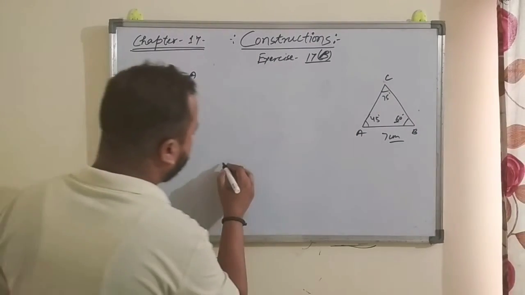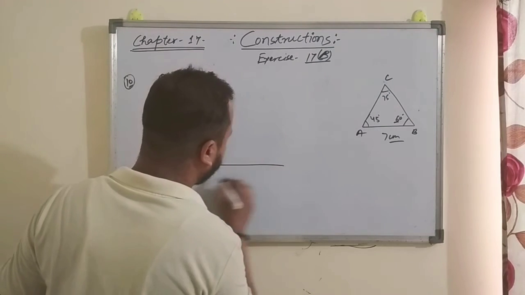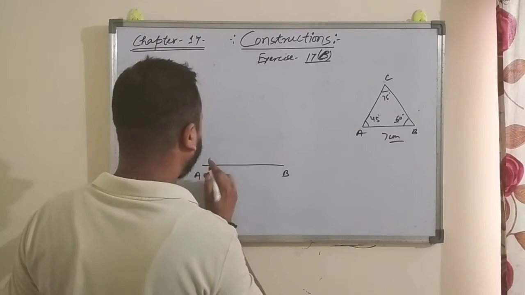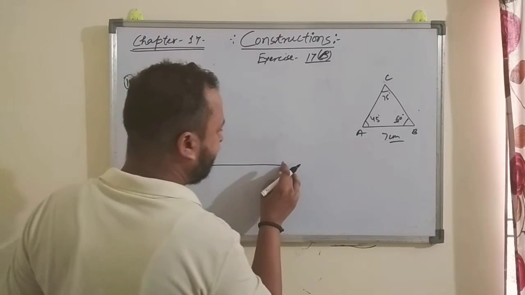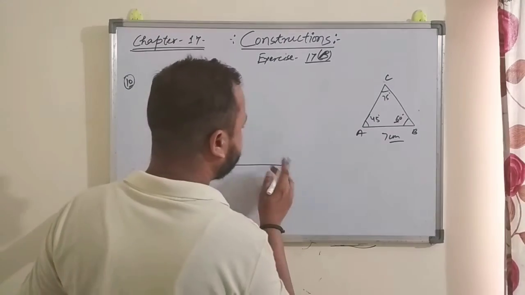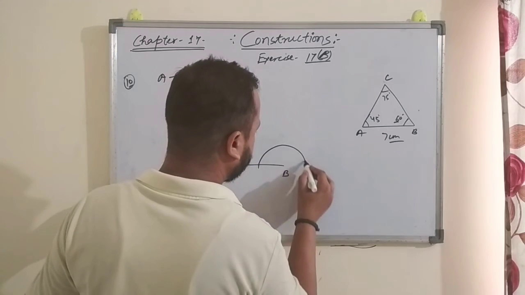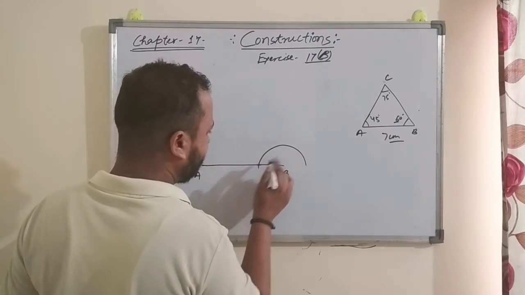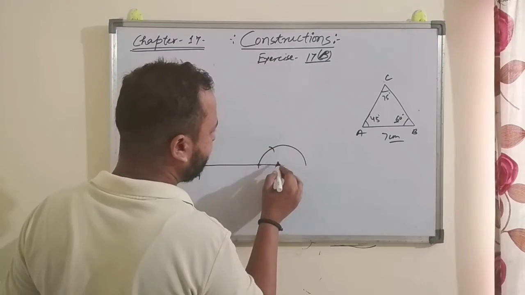So now it is very simple. Just draw a line. This line is AB. On A, make an angle 45 degrees, and here you have to make an angle 60 degrees. So take a radius and draw a semicircle. Take here 60 degree.